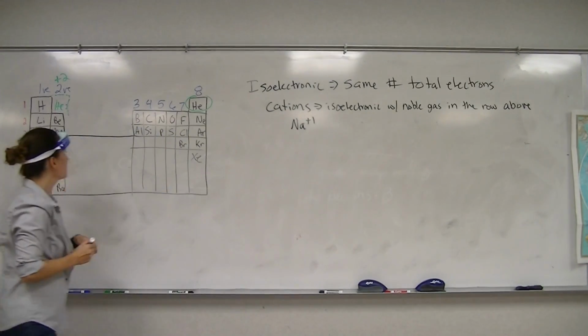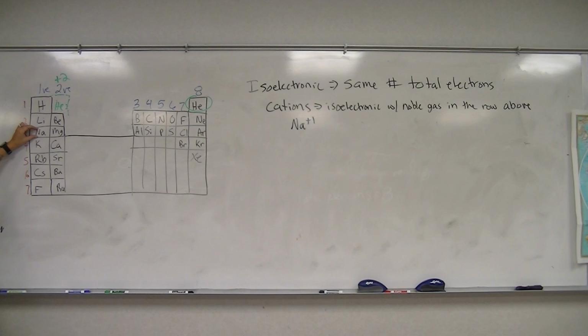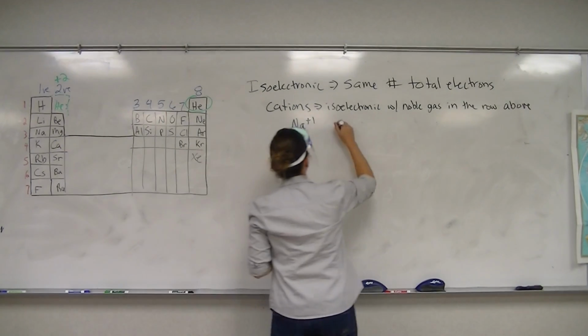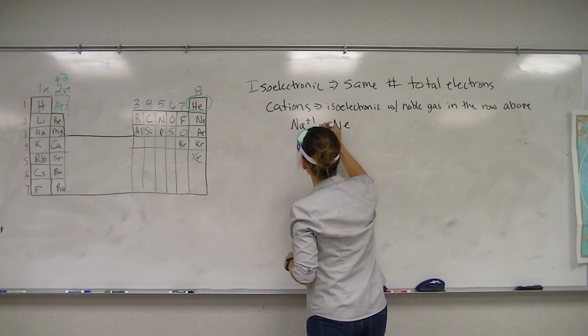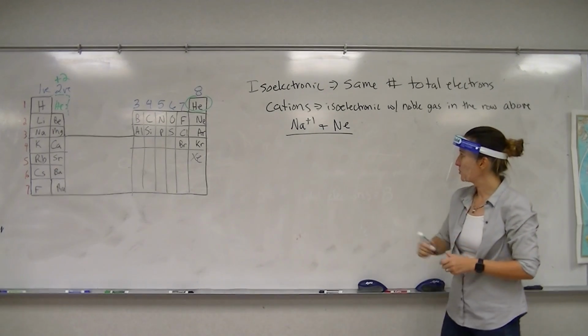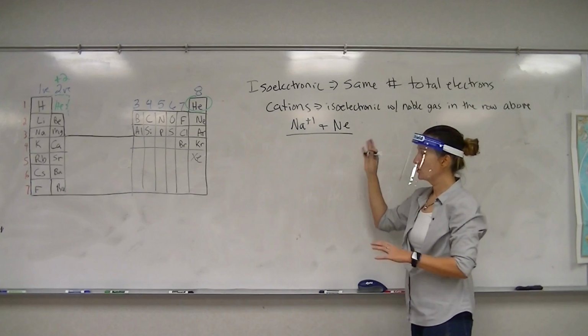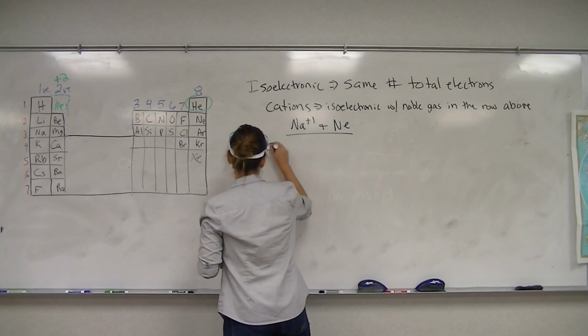When it loses that one electron, it now has the same electron configuration as the noble gas in the row above. Since sodium's in period 3, it's going to have the same electron configuration as the noble gas in period 2. The noble gas in period 2 is neon. So that means neon and sodium +1 have the same total electrons. We're going to use this to help us match up pairs.